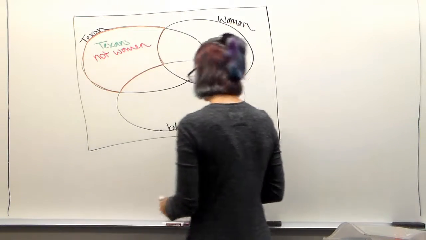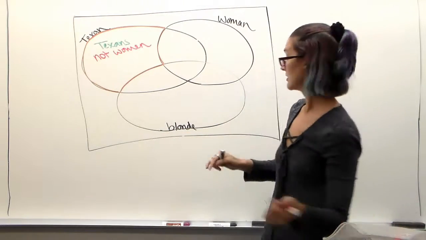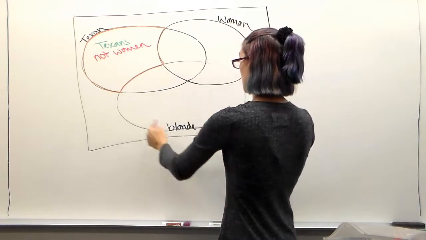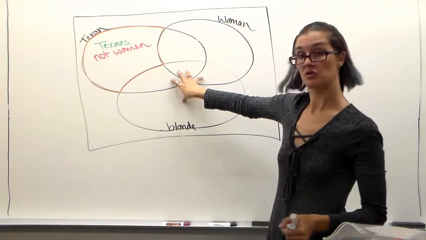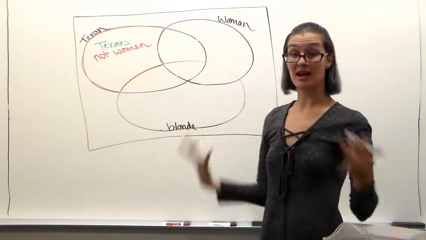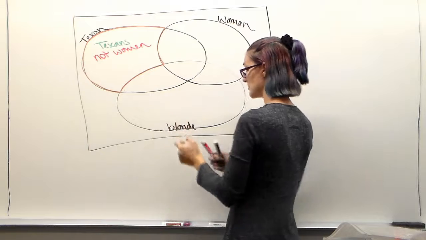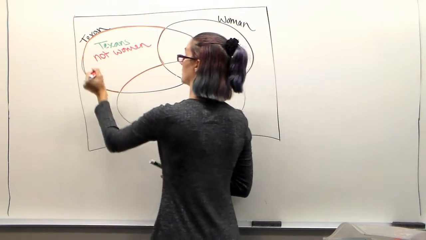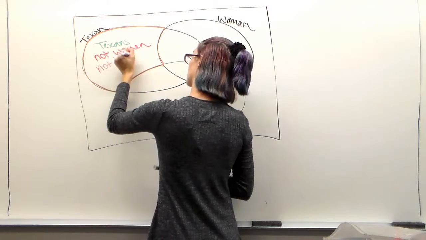They are not women. And then the bottom circle is anyone with blonde hair. If they have blonde hair, naturally or dyed, they would go in this circle. If they don't have blonde hair, then they're not in that circle. Is this area part of the blonde circle? No. So they are not blonde.